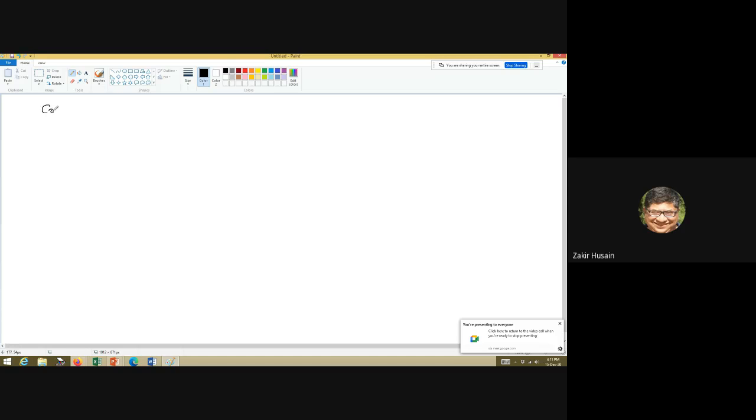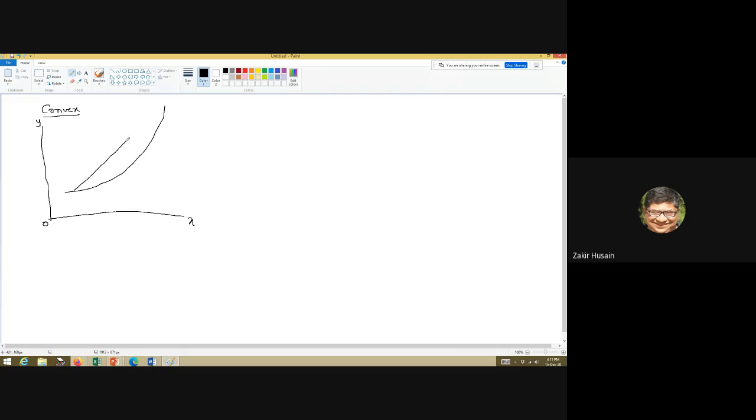So a convex function is, we take any two points, x1 and x2, and we connect them. Then any point over here, if we take a point x bar, this is below the line.